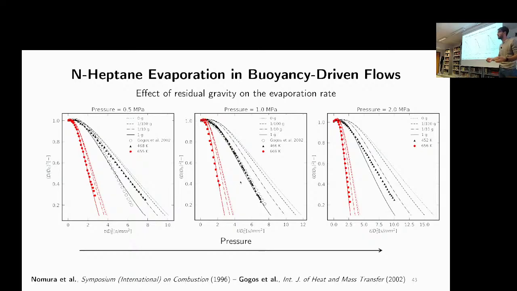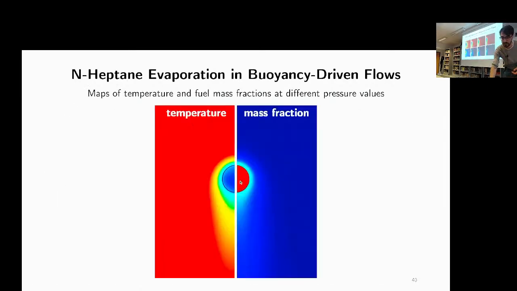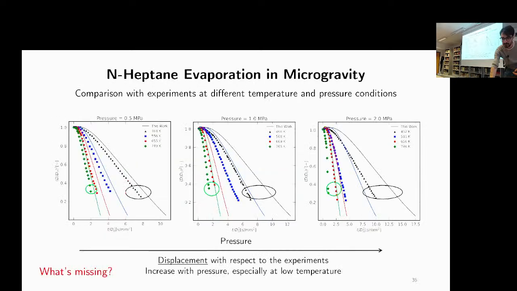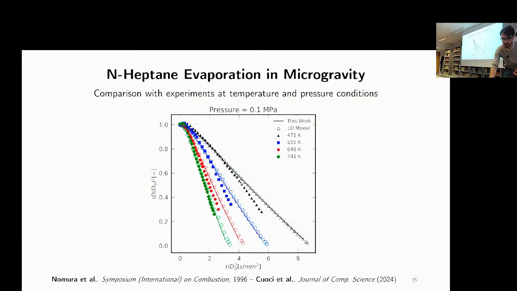If you don't consider radiation in this data, even in these ones in microgravity, you get a very large discrepancy with the experimental data. I didn't mention it because in this experiment it's quite well known that you have to consider radiation from the solid walls to the drop surface. Thank you. Yes.